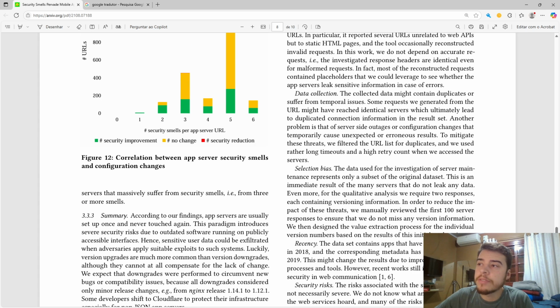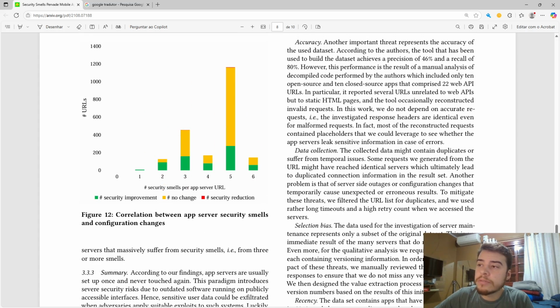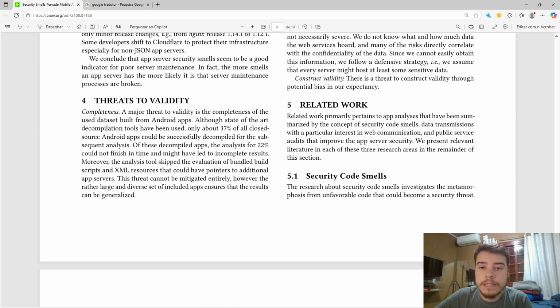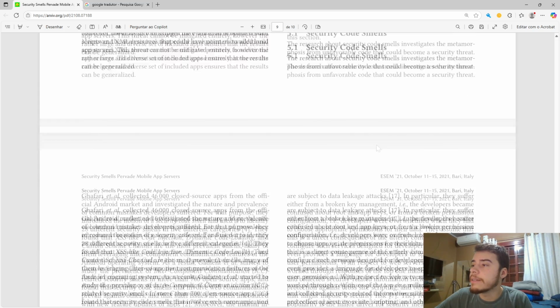Correlation between app server security smells and configuration changes. You see that we don't have a security reduction here. Here they talk about threats to the validity of this paper.